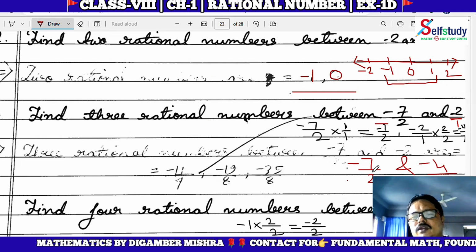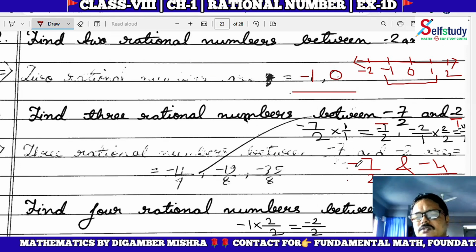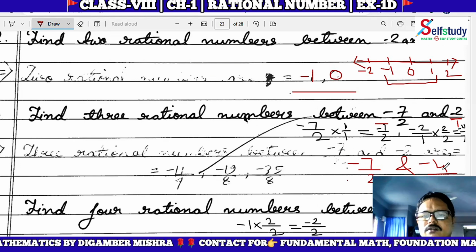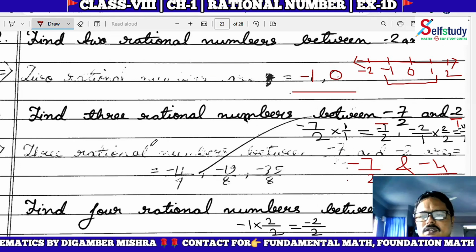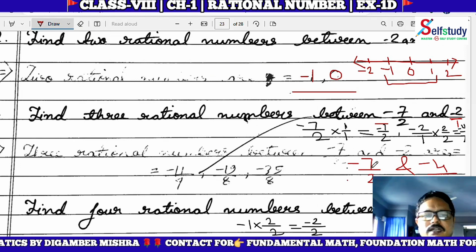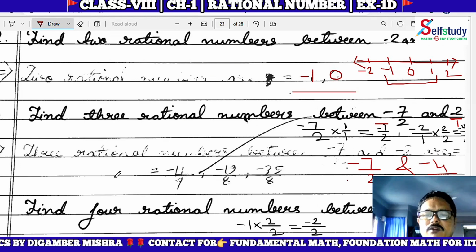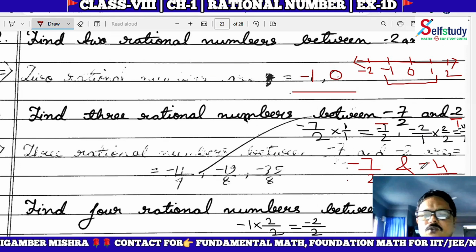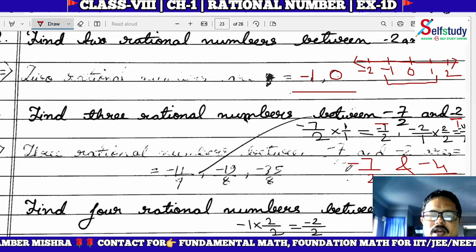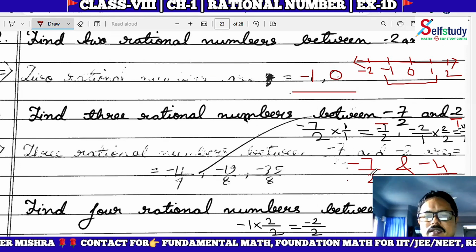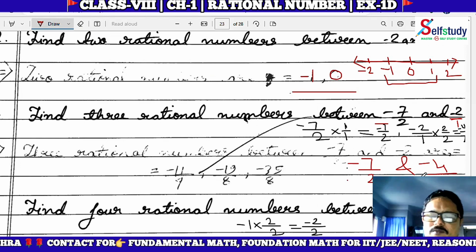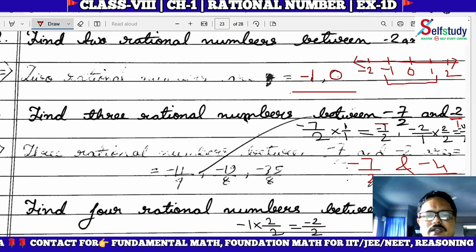So now you may write any numbers which come in between minus 7 and minus 4. Okay, but the problem is, minus 5, minus 6, only two numbers are there in between minus 7 and minus 4. So we cannot write 3. So we need to increase the gap, and for that we need to multiply by either 2 by 2 or 3 by 3 or 4 by 4, by any number you can multiply just to increase the gap.